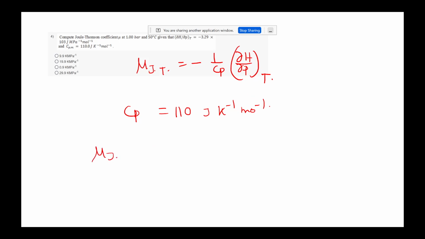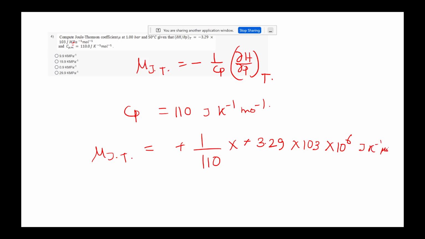So you will just put it here. This is minus 1 by 1 by 0, and there is a mega, and this will be minus, also minus. So minus and minus cancel out. 3.2 into 10 to the power 3. This will be 10 to the power 6 joule Kelvin mole inverse.